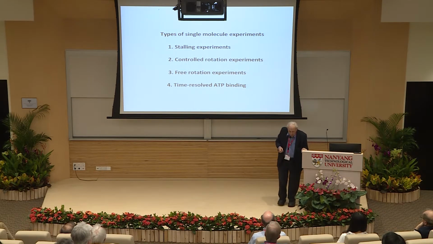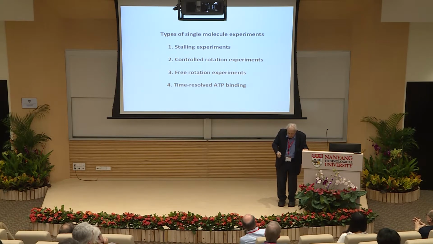Another kind of experiment is that you can control the rotation of that central unit, that gamma subunit, and that will cause things to open and close and ATP to react and what have you. So you can get data on that. And you can tell in those data whether an ATP is inside or outside, because if it's inside, if you've put a fluorescent attachment on it, it'll fluoresce.